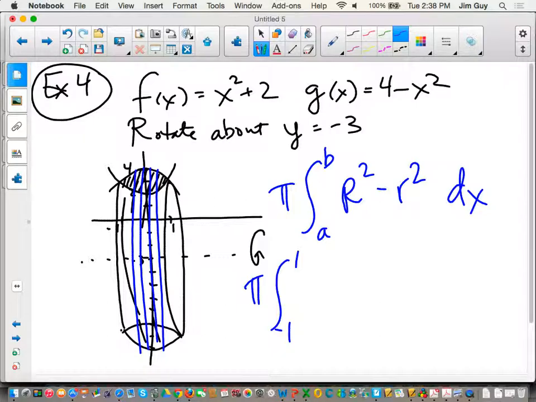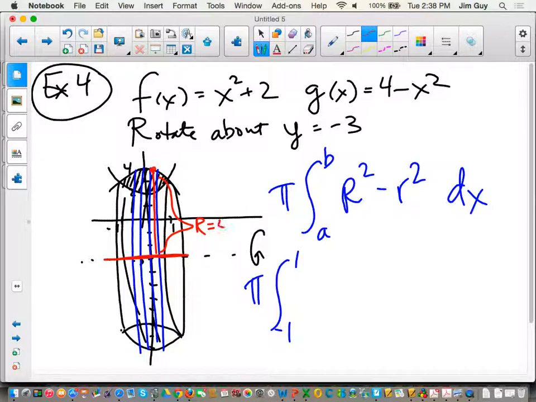Now it gets a little tricky for the r values. Big R, here's the center, the axis of rotation. Go out to the outside, all the way up there. That is big R. To find how long something is, you take top minus bottom. The top is this curve function right here, this frowny face, so it's g of x.